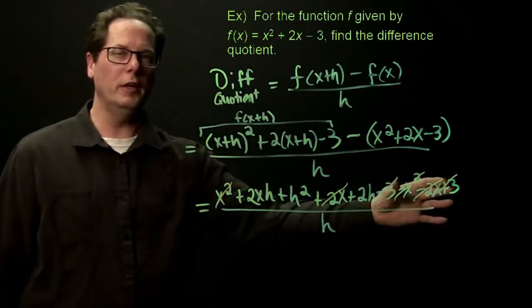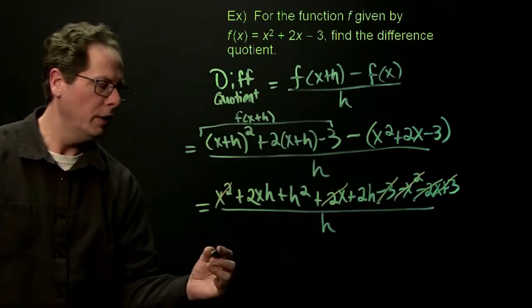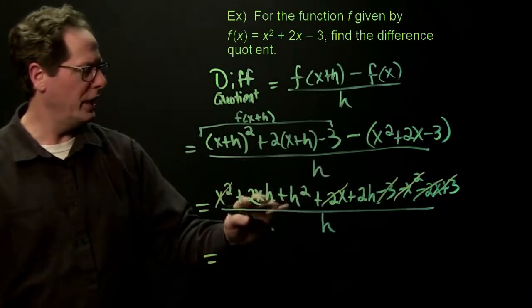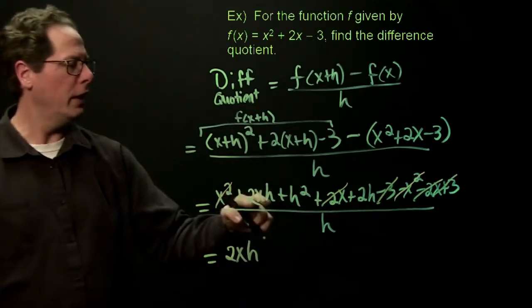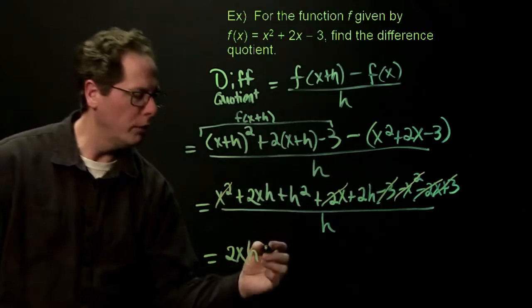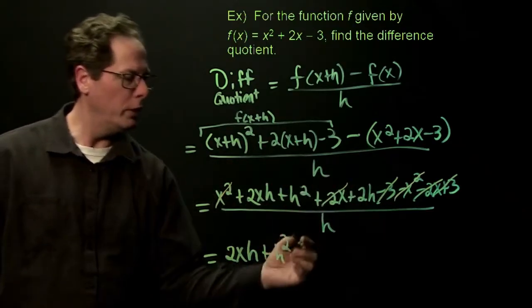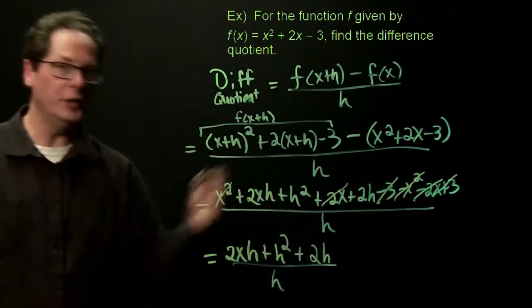So now everything else should have an h in it. That's what we expect to see. And so just rewriting everything again, we have 2xh, we have an h squared, and there is a 2h left, and all that's divided by h. It's very important that we have all those h's in common.